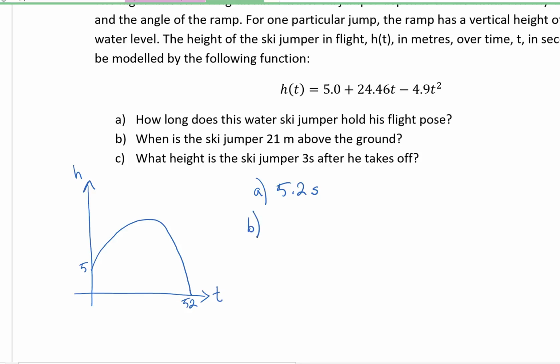When is the ski jumper 21 meters above the ground? Well, how would we do that? 21 meters is a height, or a y value. So when you're doing a question like that, you're actually going to graph the horizontal line.